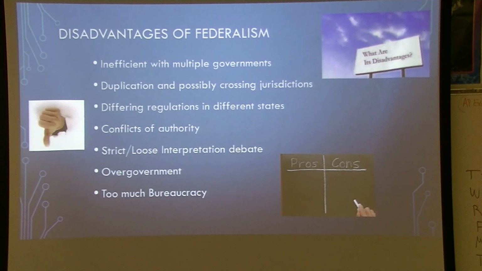But you better make sure when you get to Virginia that radar detector is out of there because it's against the law there. So, conflict of who's in charge. Is it Florida? Is it the Florida government there? Have we got our loose versus strict interpretation debate? Here's where it's at: we just have too much government and too much bureaucracy because of federalism.